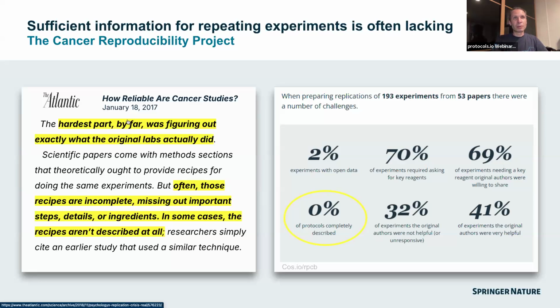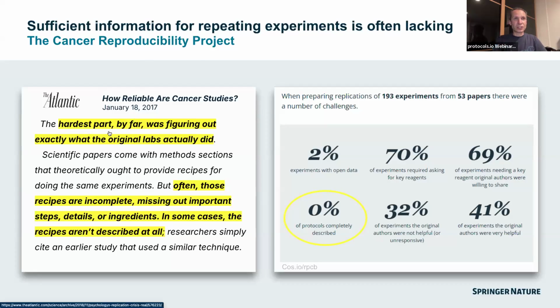reproducibility of published papers. So this was an effort by the Center for Open Science and a company called Science Exchange. It was a $1.5 million initiative to independently repeat key experiments from 53 cancer papers in top journals. And when the first results from this initiative were published, there was a lot of media attention to it.